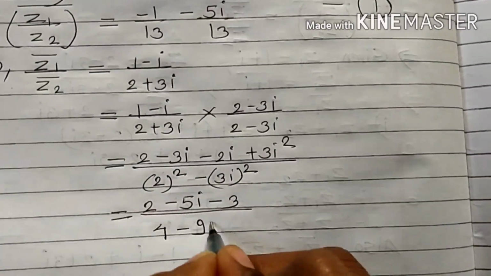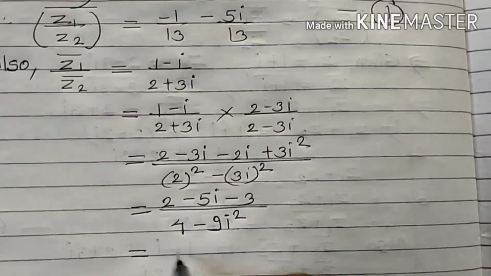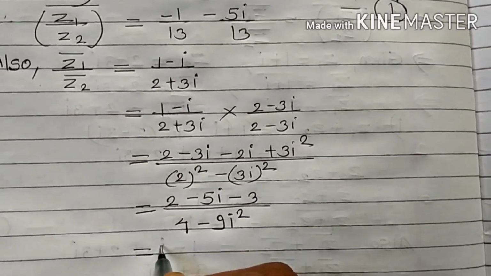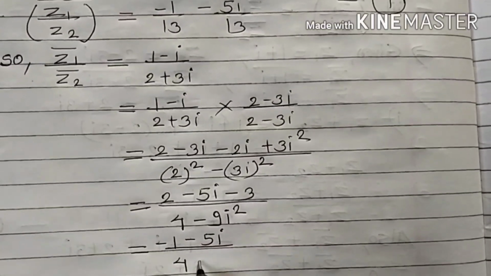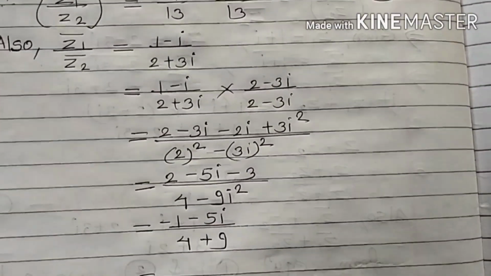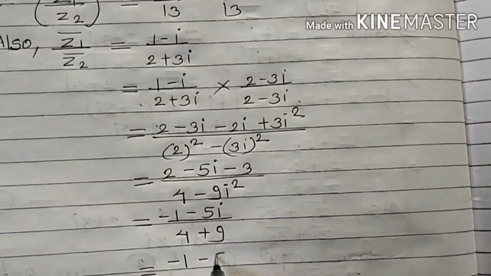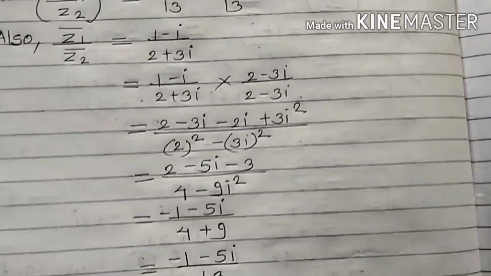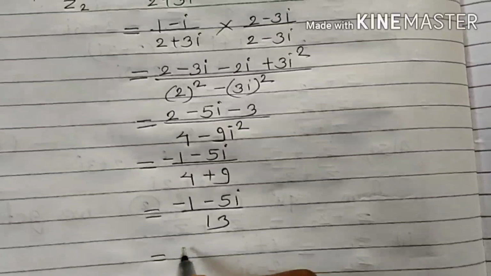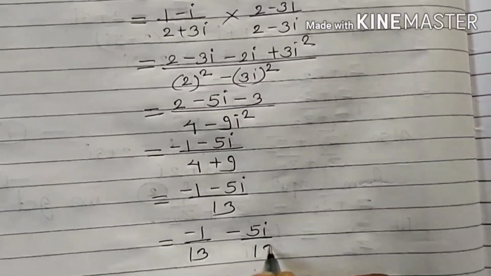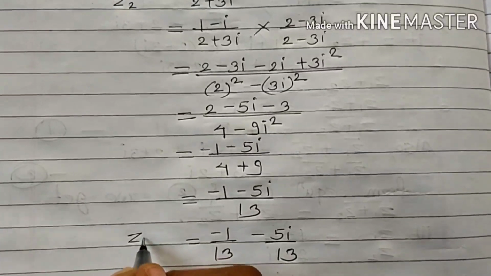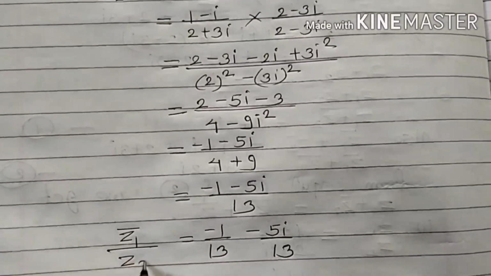minus 9i square. So which is equal to minus 1 minus 5i upon 4 plus 9, which is equal to minus 1 minus 5i upon 13. So we can write minus 1 upon 13 minus 5i upon 13. So this is the value of z1 bar upon z2 bar.